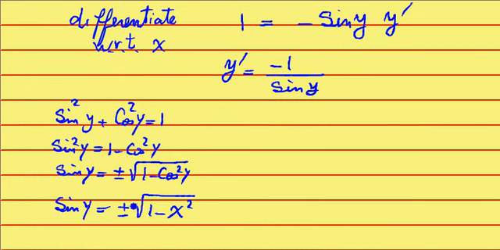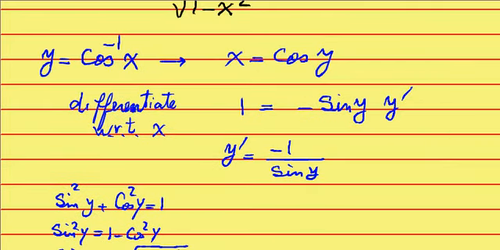Again, comes the tricky issue of what choice should we make here, plus or minus. Just remember that when we say y is equal to cosine inverse of x, the angle y defined here is, by definition, in the first or second quadrant.